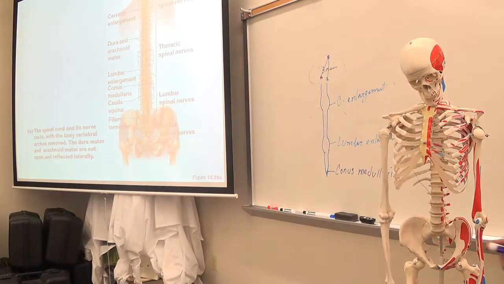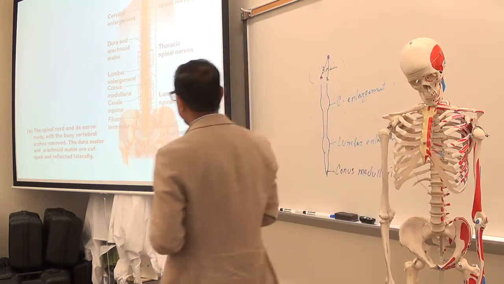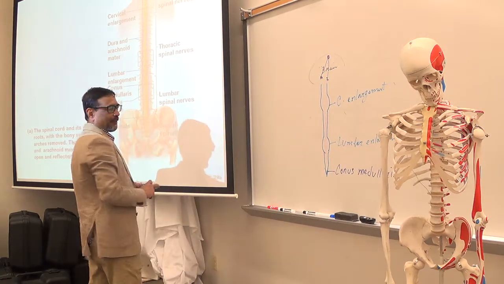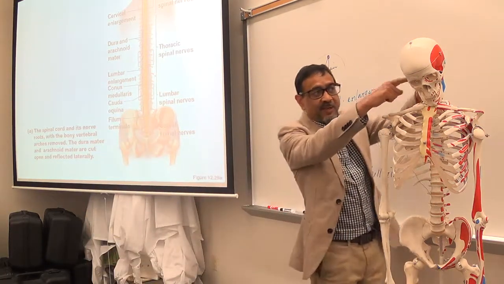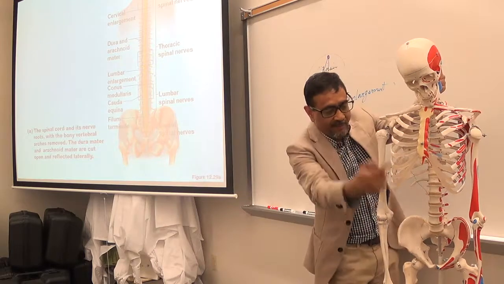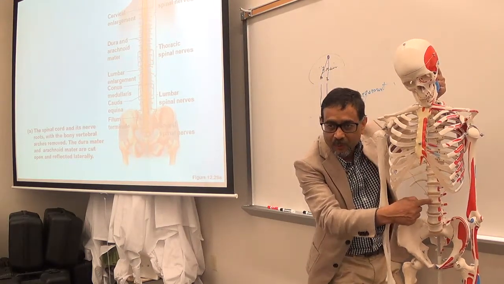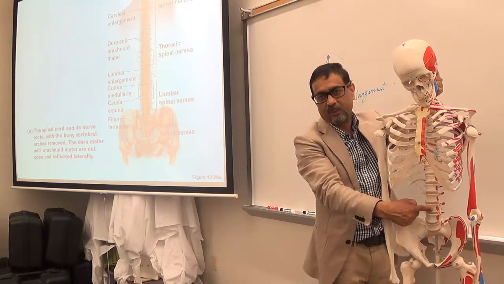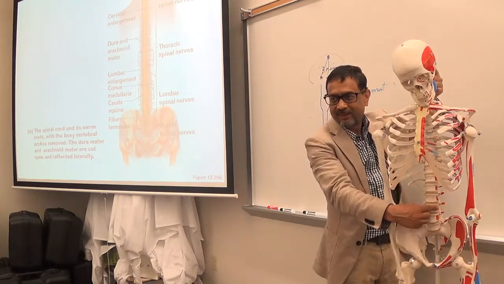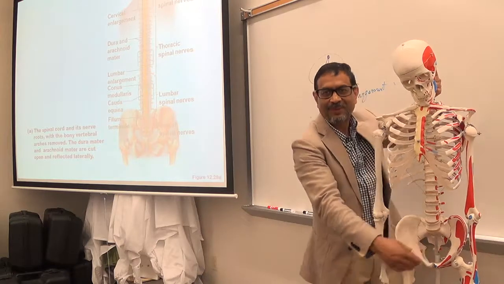Okay. The spinal cord extends through the sacrum. No, I told you before, it starts here at foramen magnum and ends at lumbar 1 most of the time. Sometimes it goes a little bit longer, L2. Is it clear? So it ends here, not goes. No, because the picture confused me.